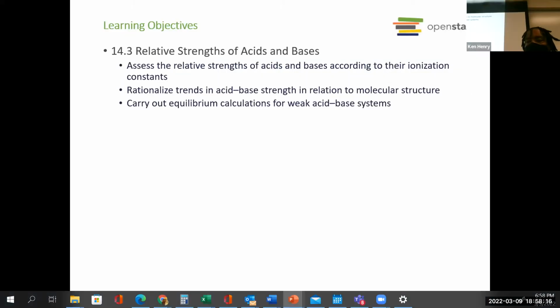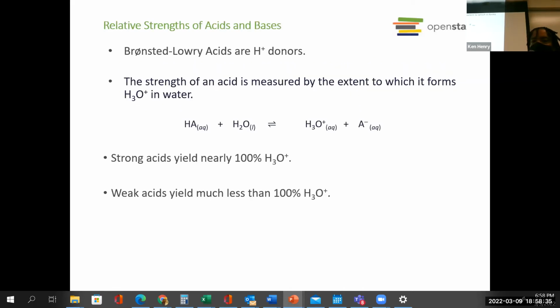So, the relative strengths of acids. A strong acid is always defined as one that completely ionizes, which basically means that it separates. Weak acids are ones that don't completely separate. For example, if we take the Bronsted-Lowry definition of acids as proton donors, a strong acid is going to separate into its ionic components.